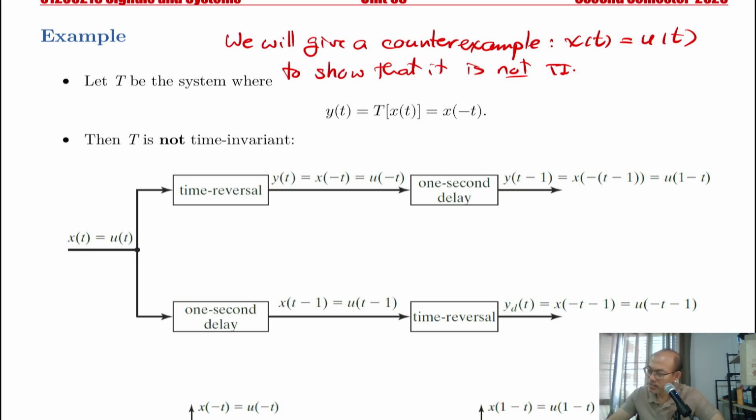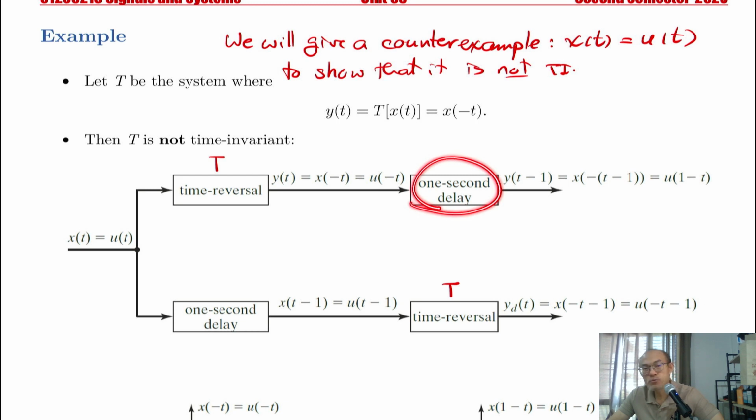So this is system T. We put the input to the system, and look at what the system does to the input. It's going to time reverse the input, and then we delay it 1 second.